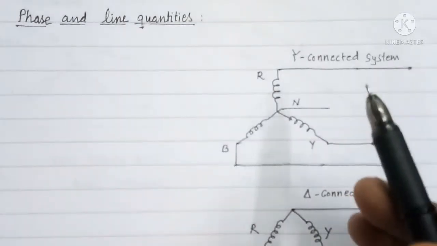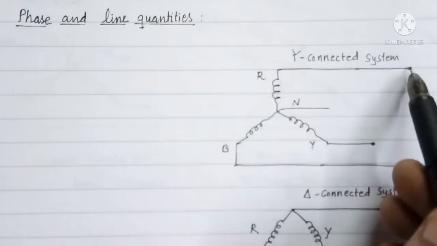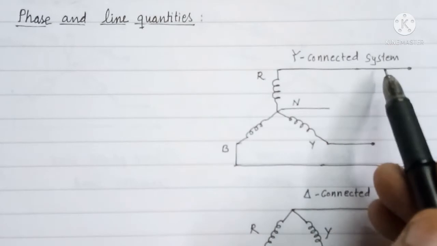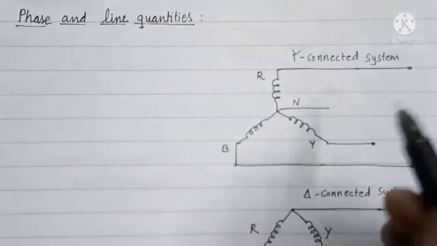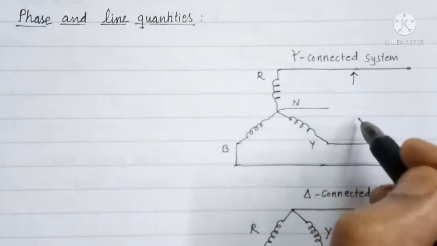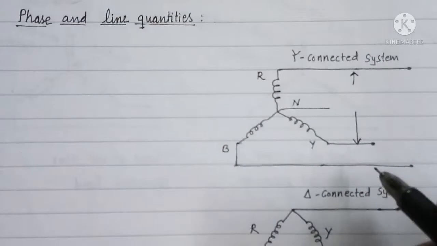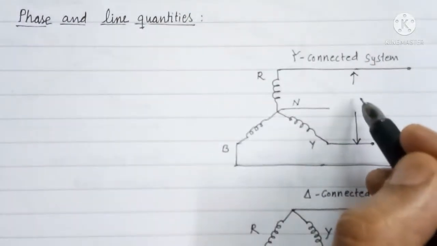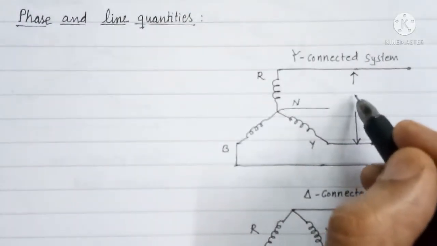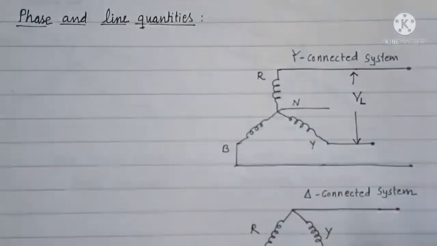We know that a conductor that connects generator winding to the load is called as line conductor. So the voltage measured between any two lines is called as line voltage, and line voltage is denoted by VL.